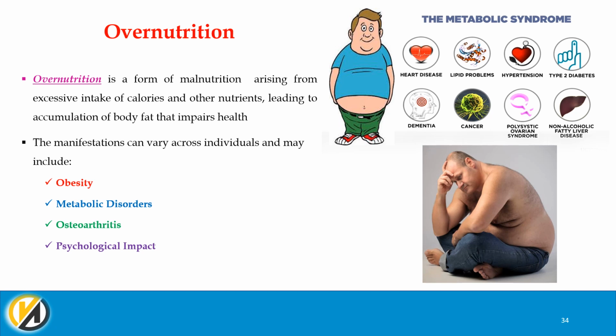And this obesity or high body mass index will result in metabolic disorders, which include heart disease, lipid problems, hypertension, type 2 diabetes, non-alcoholic fatty liver disease, polycystic ovarian syndrome, cancer, and dementia, among the examples of metabolic disorders associated with overnutrition or obesity.